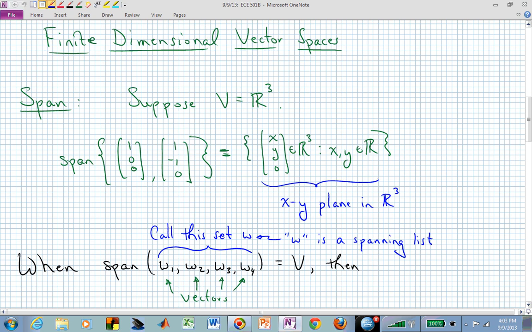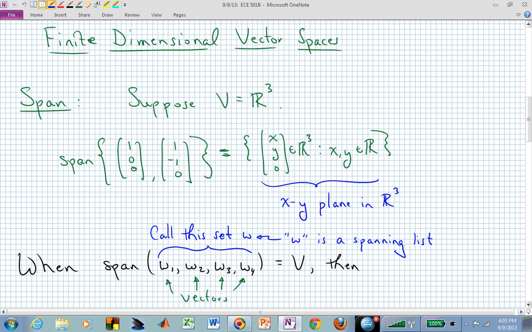If we were talking about something to visualize, which might be three-dimensional real coordinate space, you could talk about a span of a couple of vectors in that space, where the span of these two particular vectors, (1, 0, 0) and (1, -1, 0), is equivalent to the xy plane in that three-dimensional space.